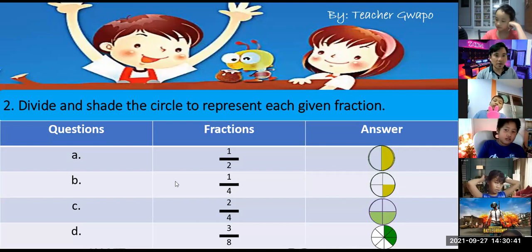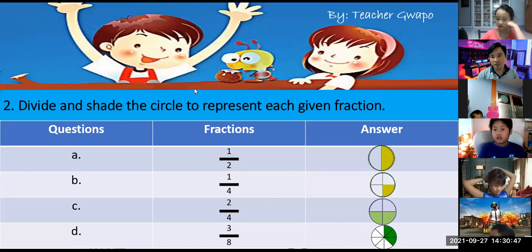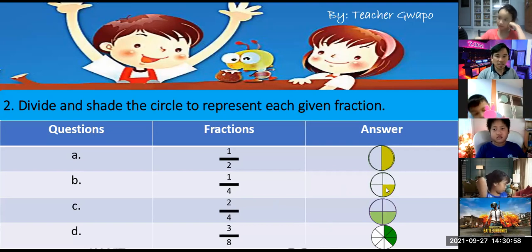So you are done already in A, B, C, and D. It's very easy. In letter A, 1/2. Out of the whole, divide into 2, shade the half part. Here, 1/4. There are 4 parts, 1 part is shaded. Here, 2/4. Out of 4 parts, 2 parts are shaded.